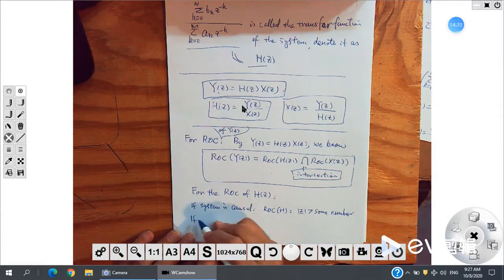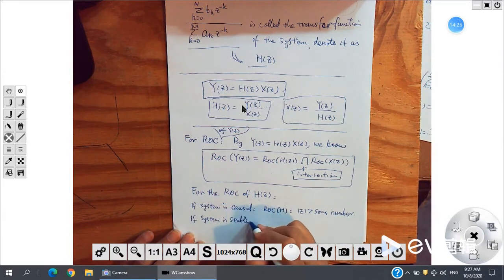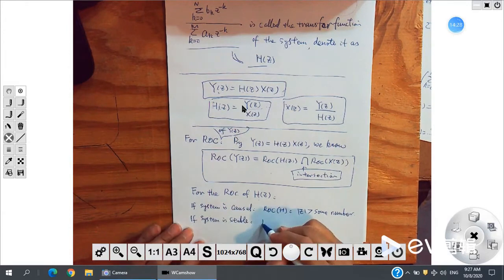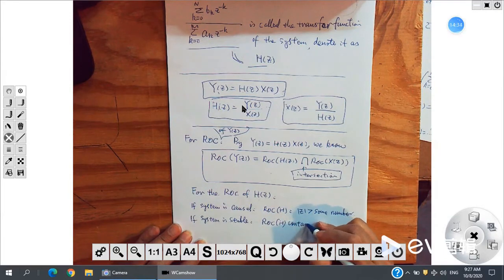And if the system is stable, then the ROC of H contains all elements e to the j omega. Actually, this is the unit circle in the z plane.